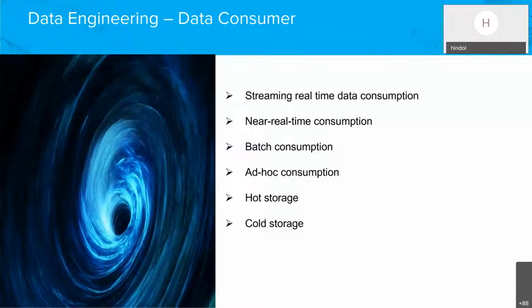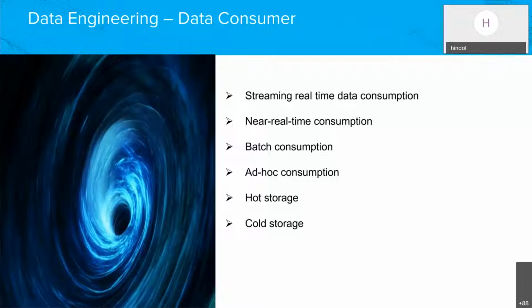Then there is batch. Maybe it is consumed at the end of the month, or the end of the day. For example, a credit card company generates a set of information for a customer at the end of every billing cycle. So it can be batch. It can be ad hoc at any point in time. For example, you want to build an analytical model and you just want to get a large set of data to build your model.